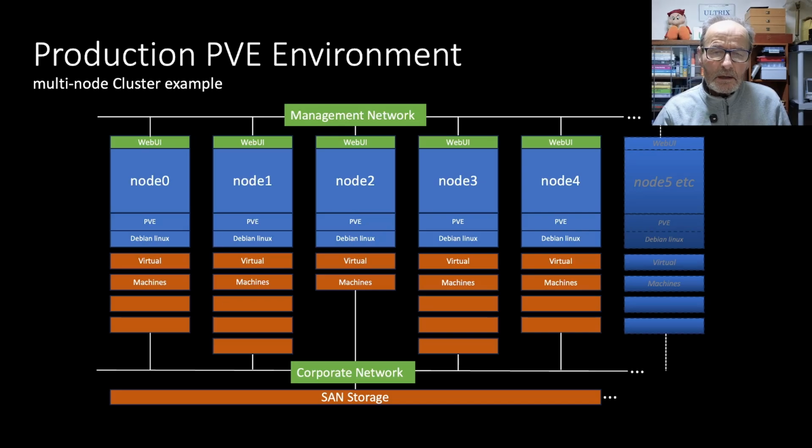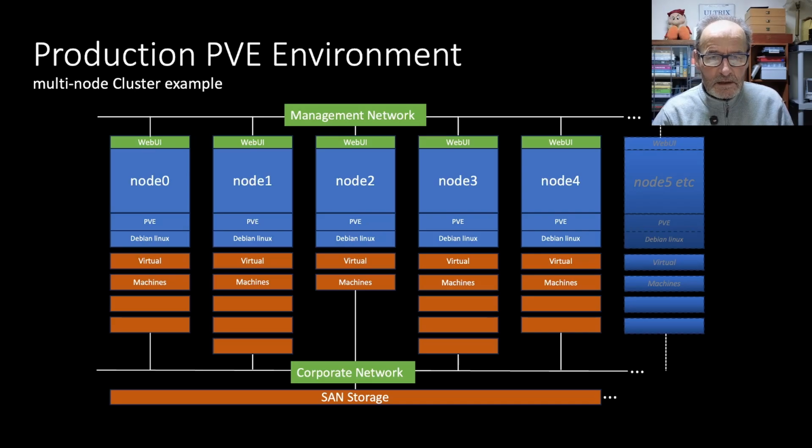So we've got a SAN, a storage area network, and this is where our virtual machines, virtual disks and virtual memory are kept in the event of a machine being migrated or failed over. So the storage is visible to all nodes in the cluster, and this is going to be really important. We'll talk about it in more detail later.